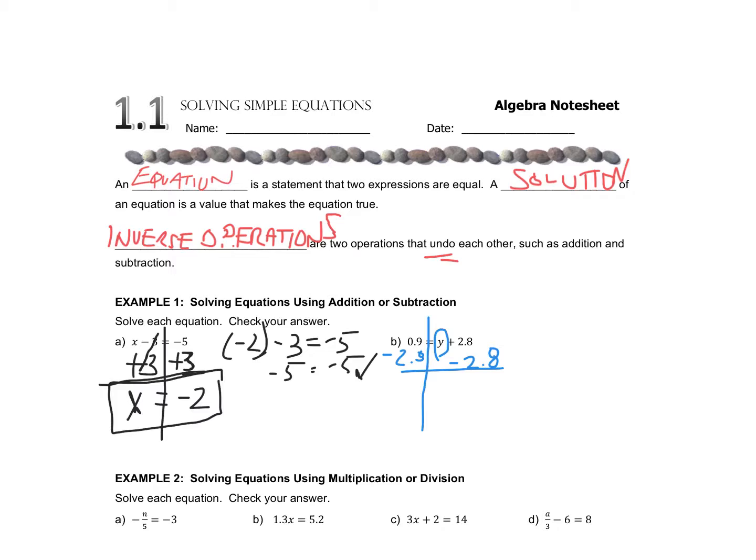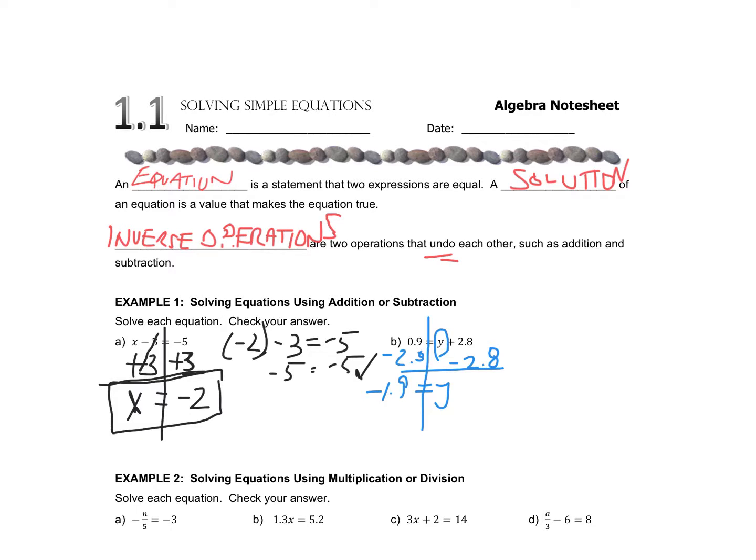And I have to make sure I do it to both sides. So 0.9 minus 2.8 is going to give me negative 1.9. And on the other side, 2.8 plus negative 2.8 is 0, leaving me y equals negative 1.9.